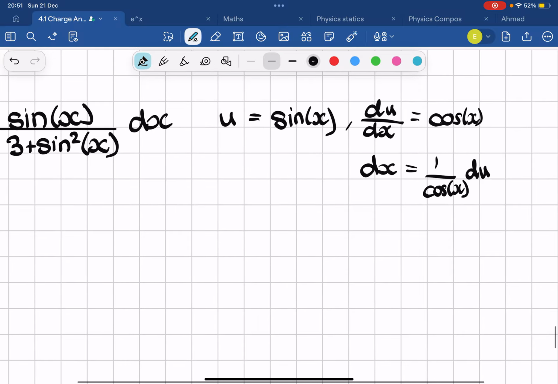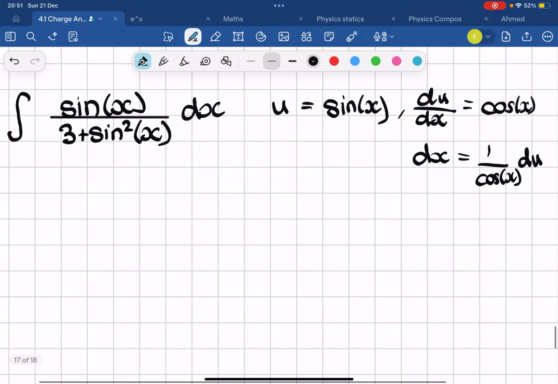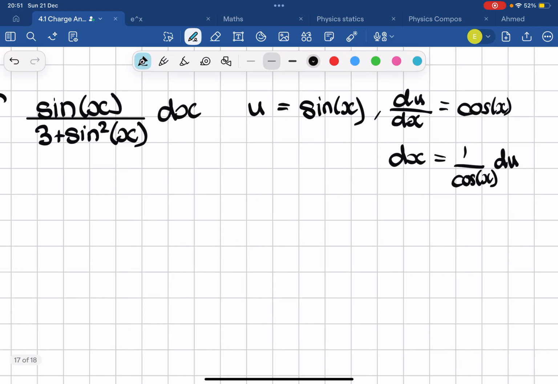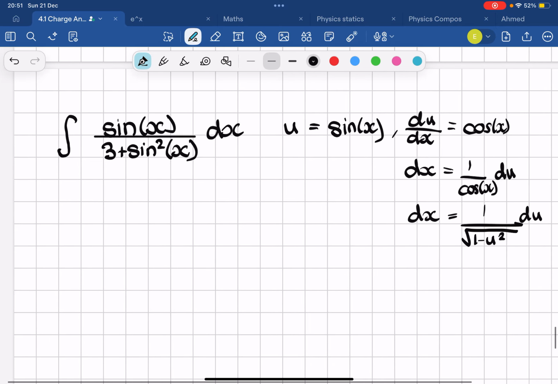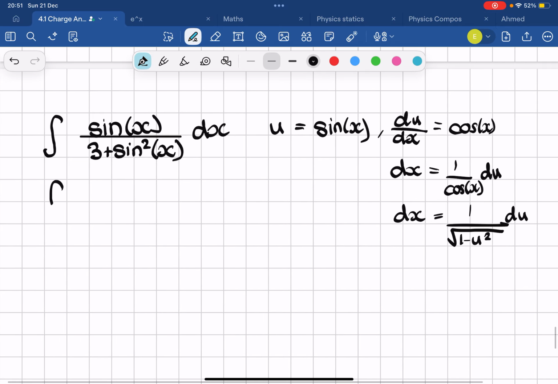And we know cos x is the same as the square root of 1 minus sine squared x, using the identity cos squared x plus sine squared x equals 1. Rearranging for cos x, we get the square root of 1 minus u squared.